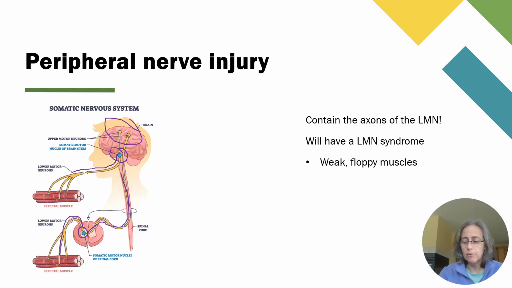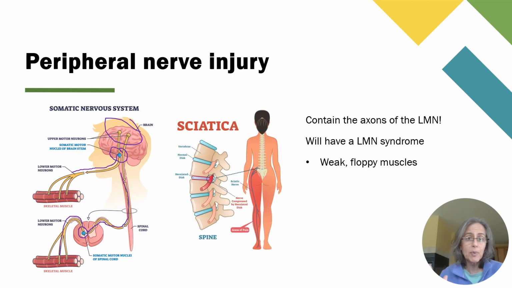So if you injure one of these peripheral nerves, you're going to have a lower motor neuron syndrome with flaccid paralysis and decreased reflexes. So when we learned about sciatica, when we learned about the peripheral nervous system and nerves, the sciatic nerve, you may remember, supplies the posterior thigh as well as all of the lower extremity from the knee down. Many different things can irritate or cause problems with the sciatic nerve. One is a herniated disc, which they're showing you here. So this is a side view of the spine, and one of the little intervertebral discs is actually pushing on one of those nerve roots and compressing it.